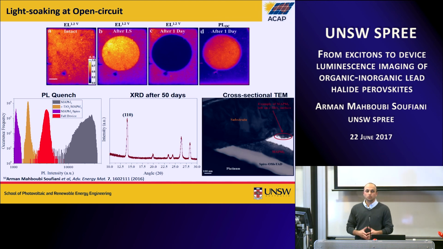And we also did cross-sectional TEM, and we realized that in the region which was illuminated, most of the time, during the preparation, the device is separated at the contact close to the titanium, right? The perovskite is broken or damaged close to the titanium, while for an intact, pristine device, we didn't experience that.